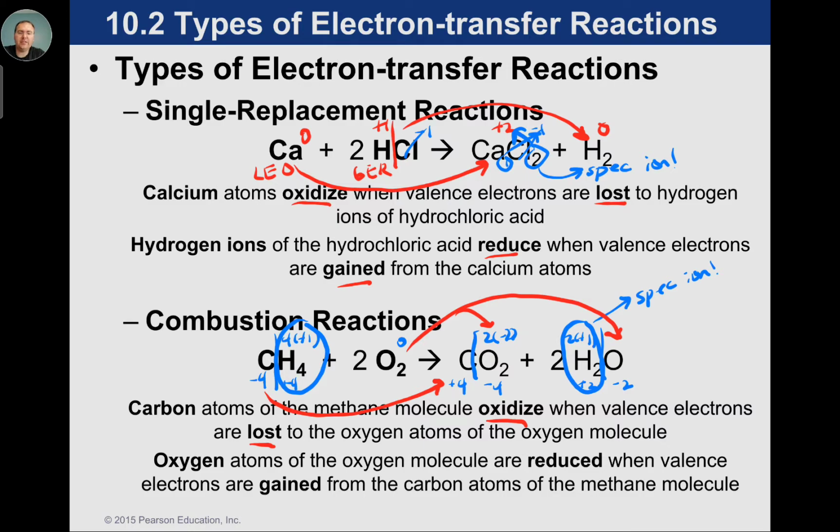So because oxygen was gaining electrons, it was reduced. So gain is GER, and over here for carbon, loss, oxidation, that's a Leo, and that's a great first step in order to understand these kinds of reactions.